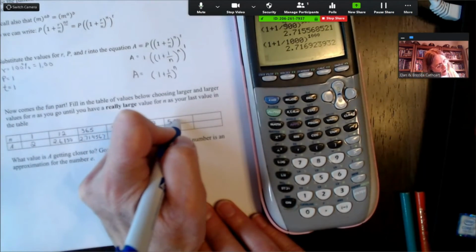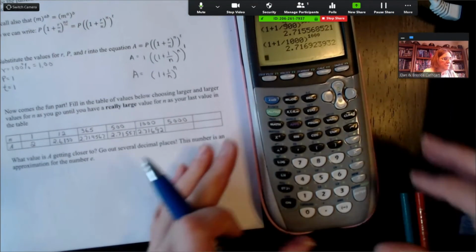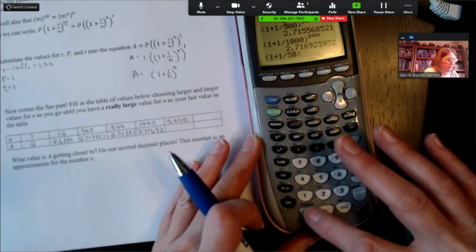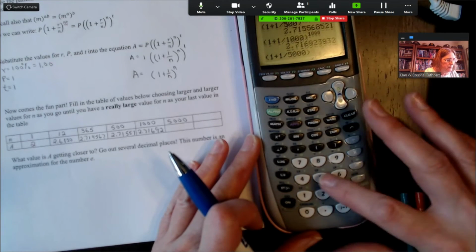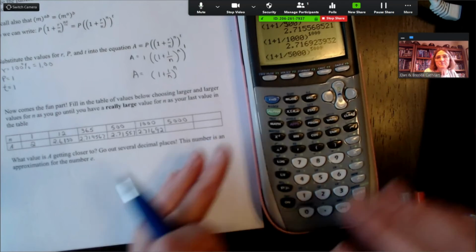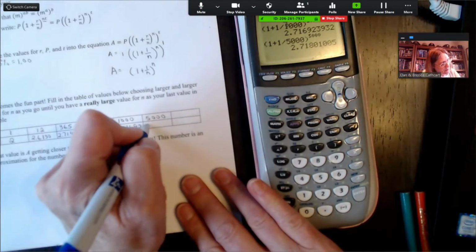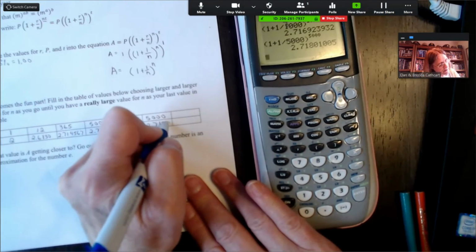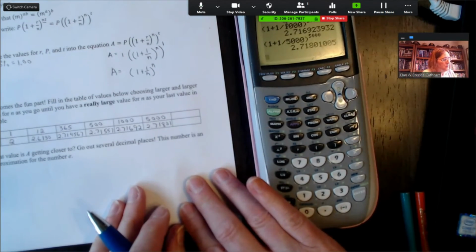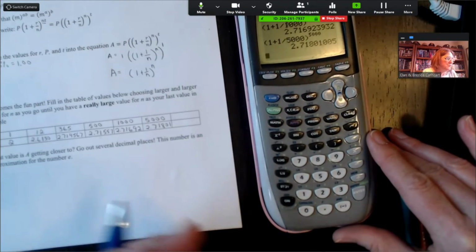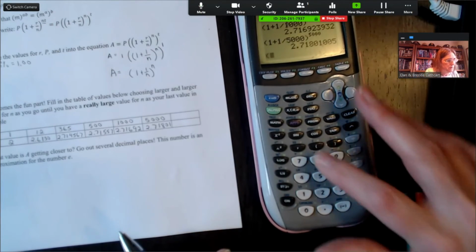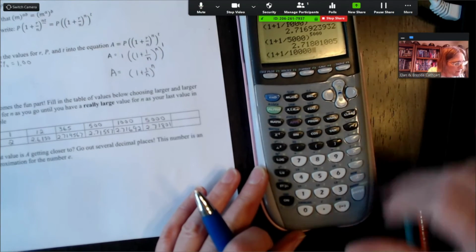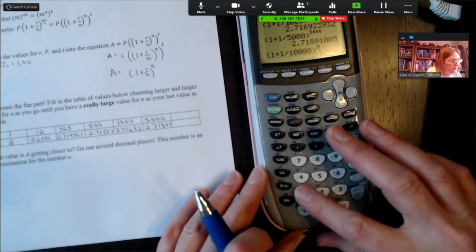Let's go 5,000. 1 plus 1 divided by 5,000 raised to the power of 5,000 gives us 2.71801. And one more. Let's go out to 10,000. So we have 1 plus 1 divided by 10,000 raised to the power of 10,000.